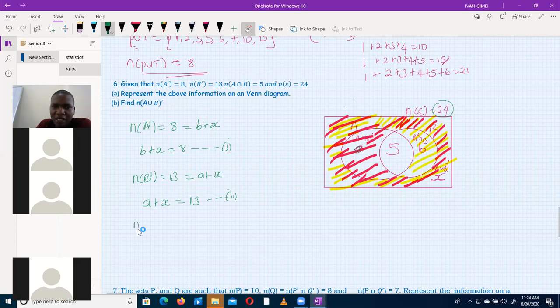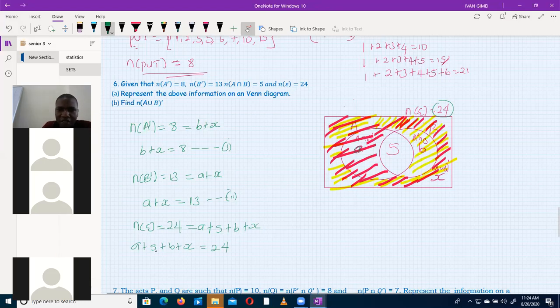That means we shall have A, which is inside the rectangle, plus 5, which is inside the rectangle, plus B, which is inside, then plus X. All this should give us 24. So I'll have A plus 5 plus B plus X is equals to 24.